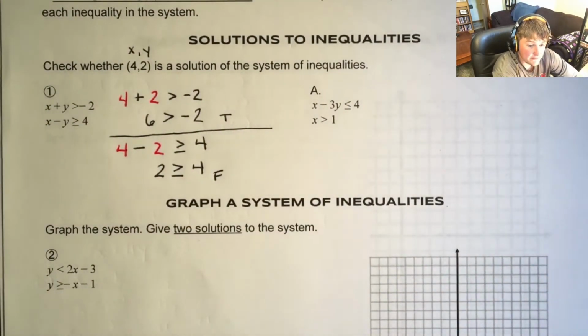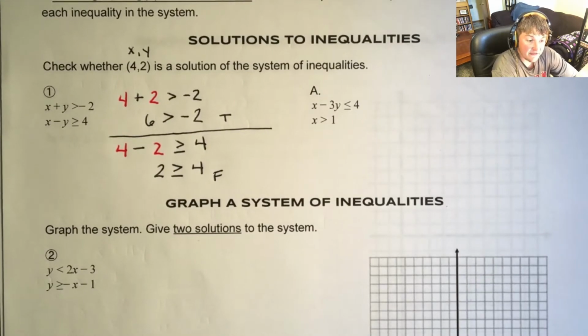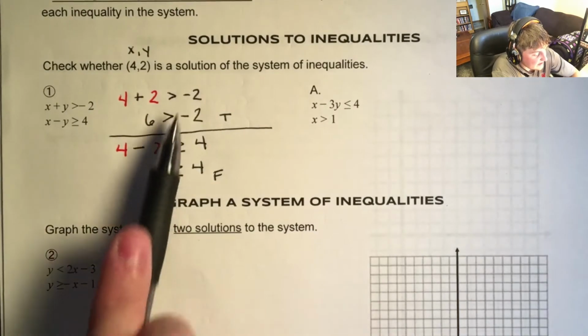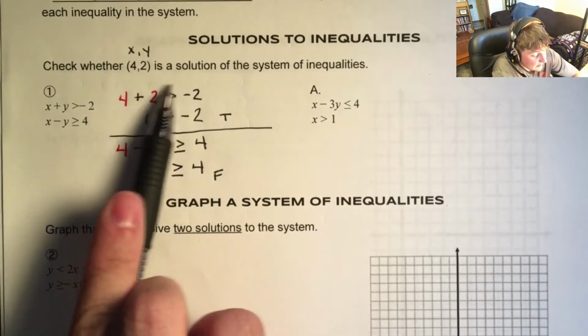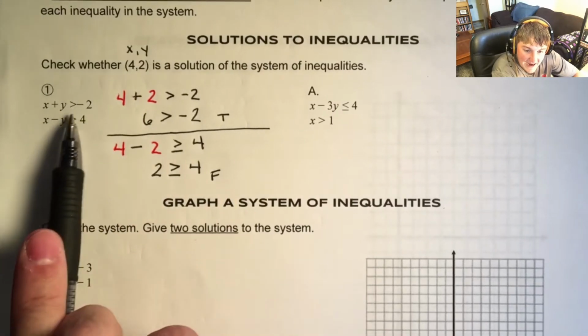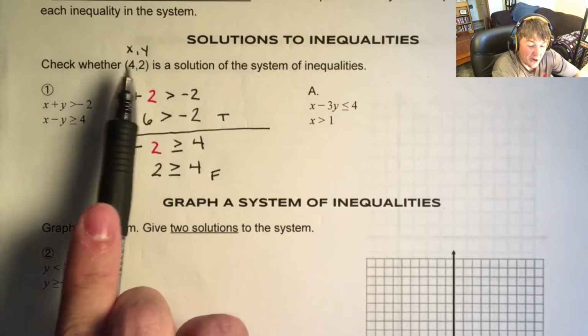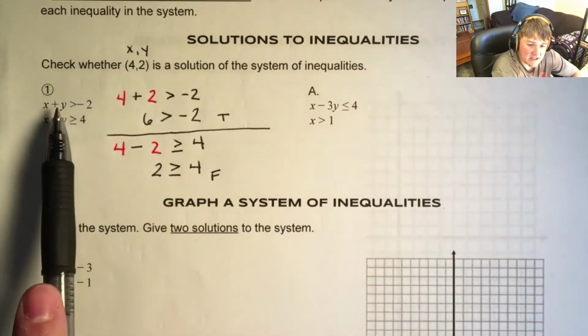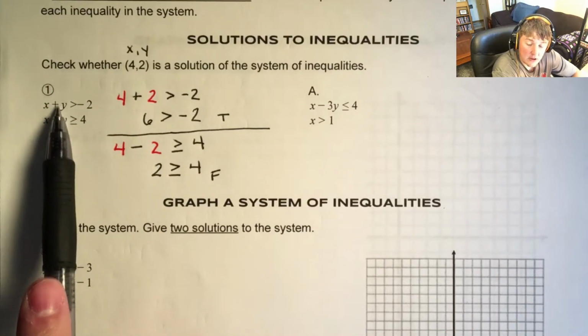That's a false statement. Since this is a false statement, what that means is this ordered pair is a solution to this top inequality, but this ordered pair is not a solution to this bottom inequality. But for an ordered pair to be a solution, as we mentioned in the definition above, it has to be true for this one and true for this one.